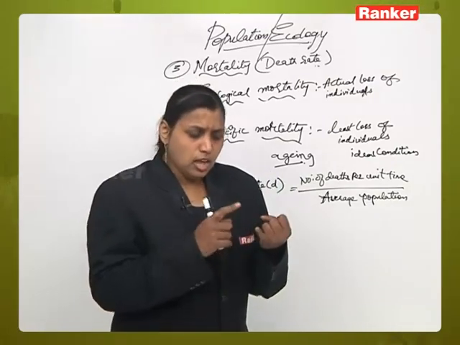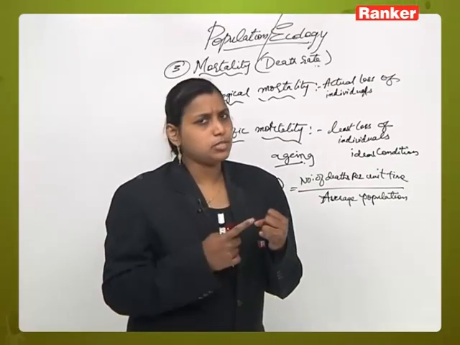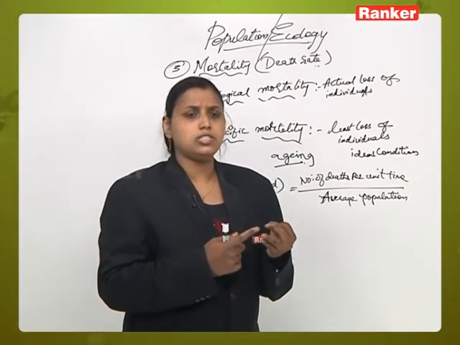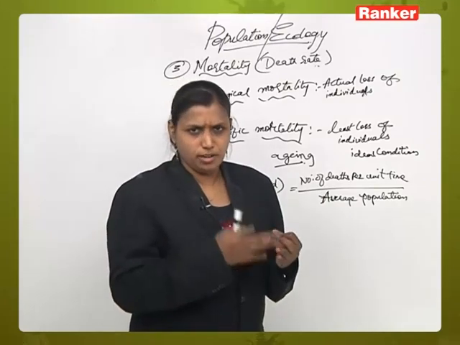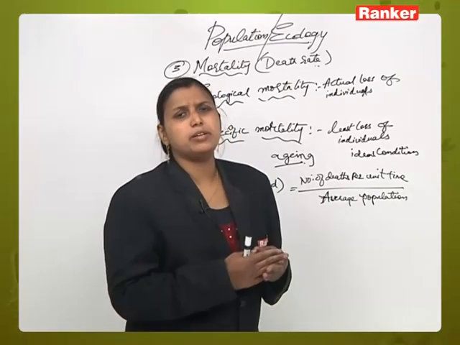What is that? Either plants or other animals may eat those seedlings, or those seedlings may die before reaching the reproductive or pre-reproductive phase, or some grazing animals may eat them.